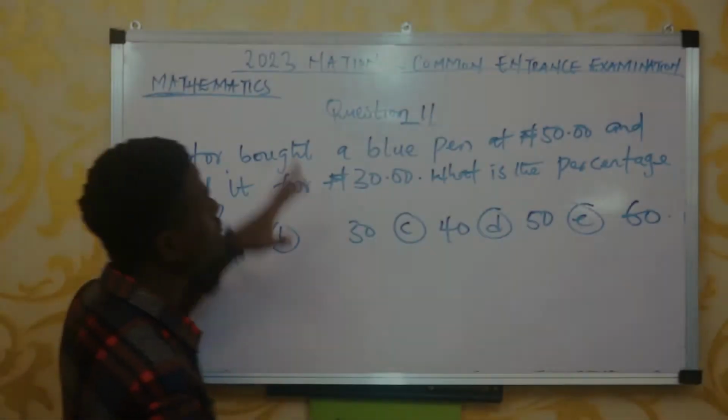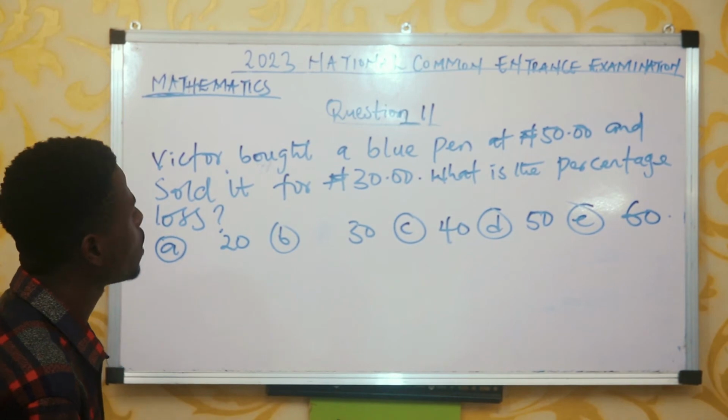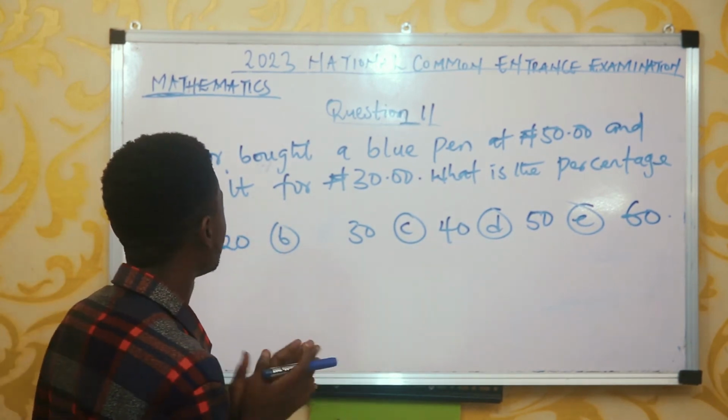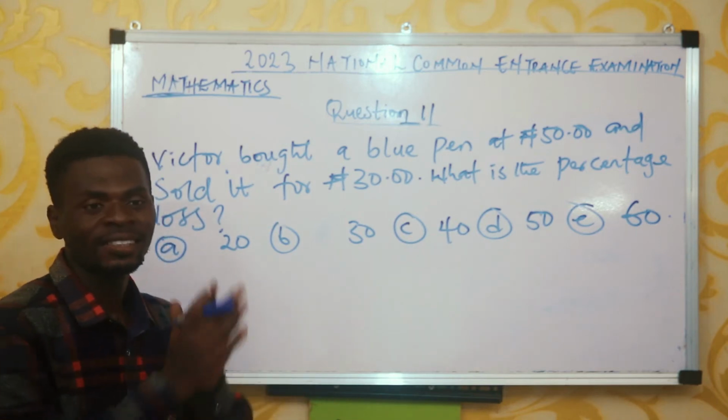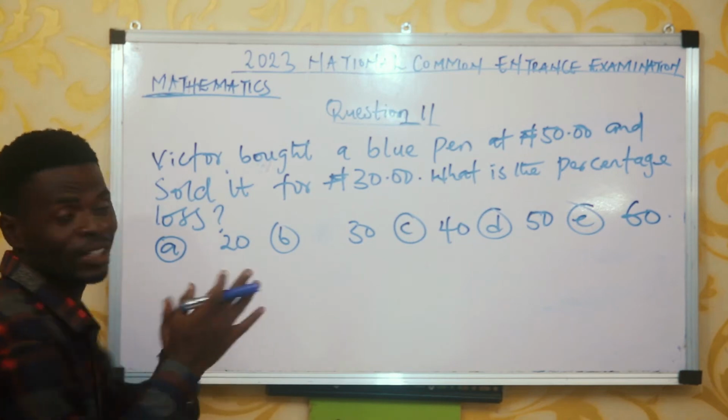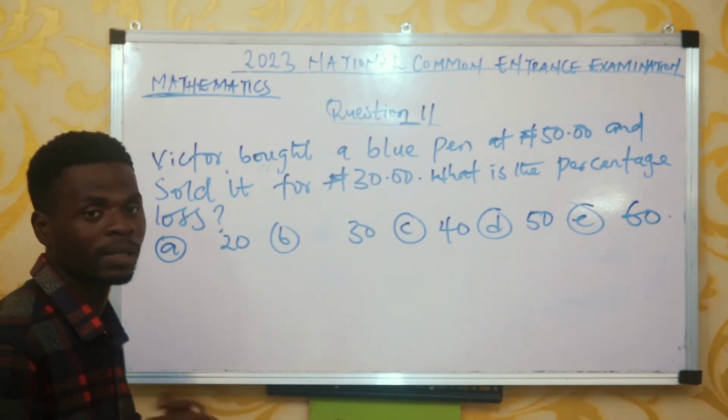Now this is question 11. Question 11 says that Victor bought a blue pen at 15 naira and sold it for 30 naira. And now it asks, what is the percentage loss?